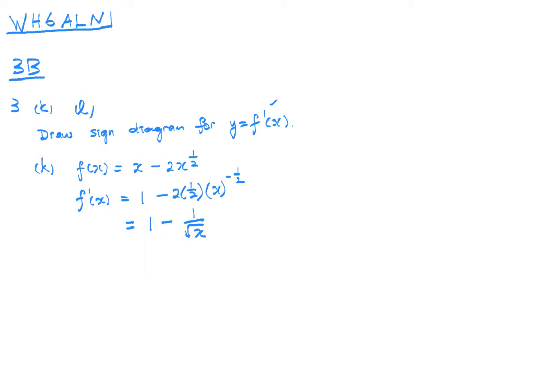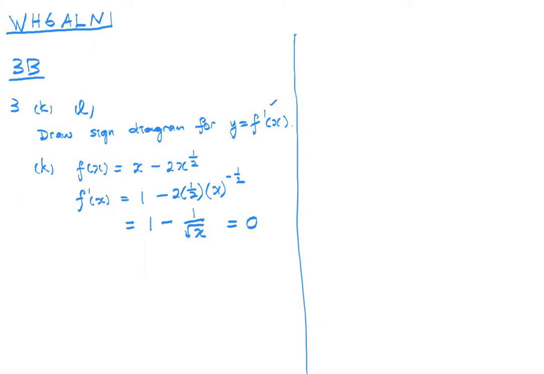Okay, so to draw any sign diagram, what must we do? We must let the function equal to 0, correct? Find the x-intercept of that function first. So I equate this equal to 0.